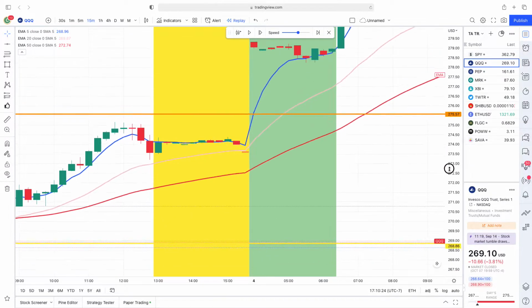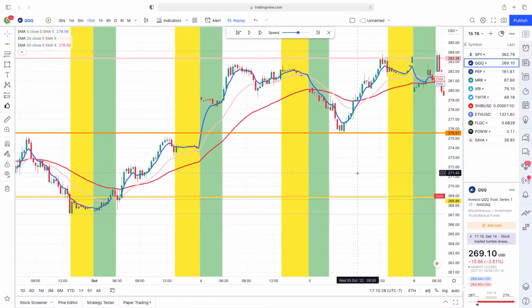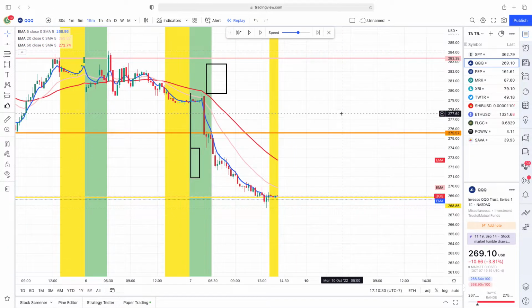Let me make sure we are at the end. We are not. So I switch between the 15-minute chart, the 5-minute chart, and the 1-minute chart.